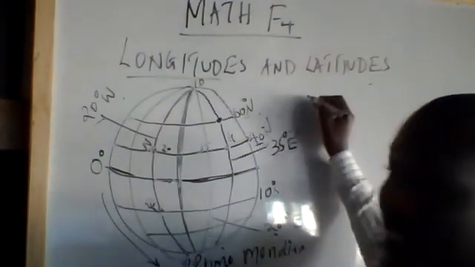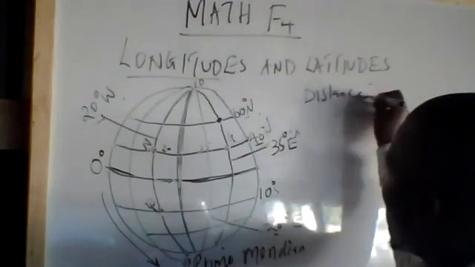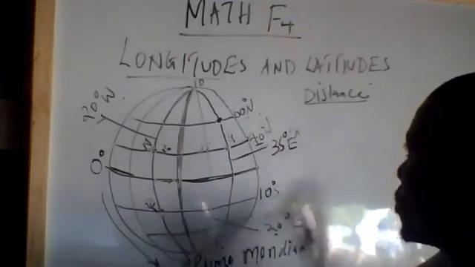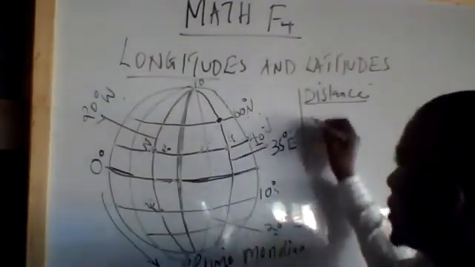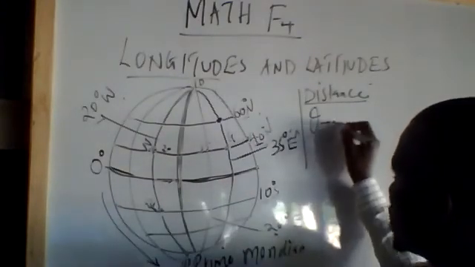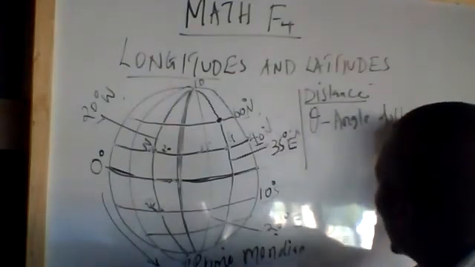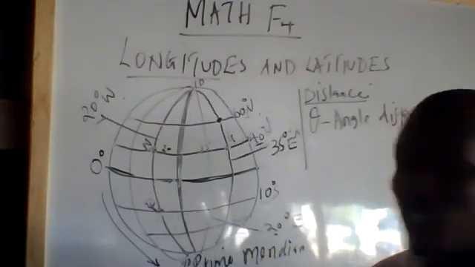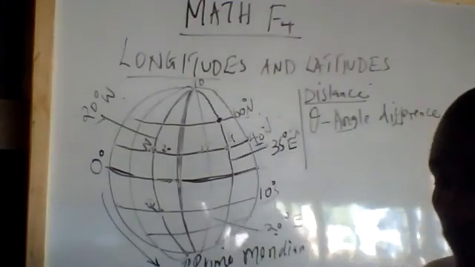Now, we want to understand how to calculate the distance from one point to another point. The first thing that you have to understand is we must have theta. That is a must. We must have theta, which is what we call the angle difference. That is the first requirement. We must have the angle difference. That is the first thing. After getting the angle difference, then we can use the following formulas.